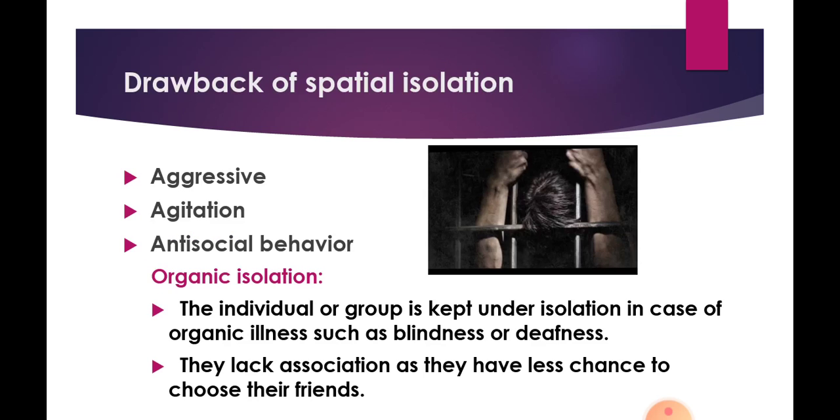Next, I will discuss the drawbacks of spatial isolation. First drawback is aggression. We can easily see that when a person gets isolated, they may develop aggressive behavior. Next, agitation. Agitation means a feeling of irritation and restlessness.